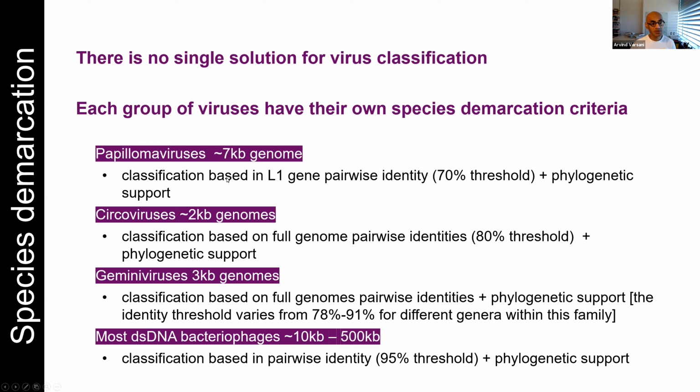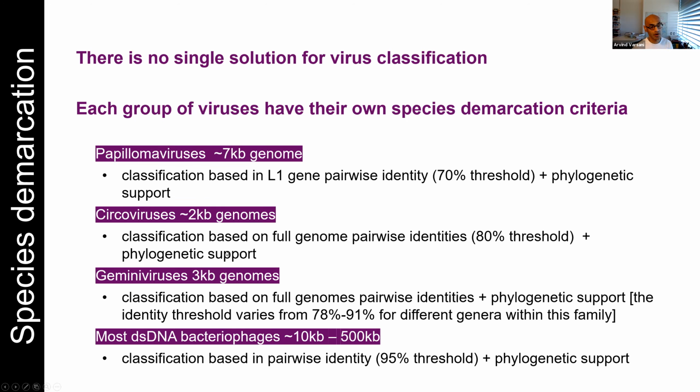But I'll give you some examples of the different variations and the advantages as well. For example, papillomaviruses have roughly 7 kilobase genomes. They're classified based on one single protein with a species demarcation threshold of 70%. So anything that is less than 70% similar to anything that is known would highly likely be a new species, as long as there is good phylogenetic support for it.